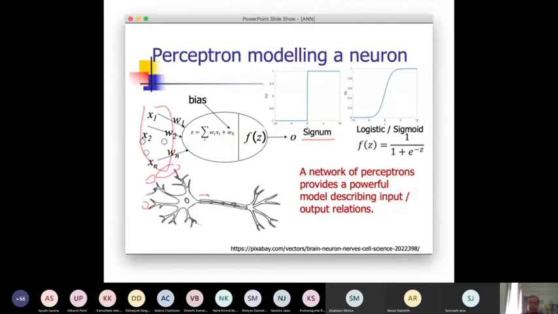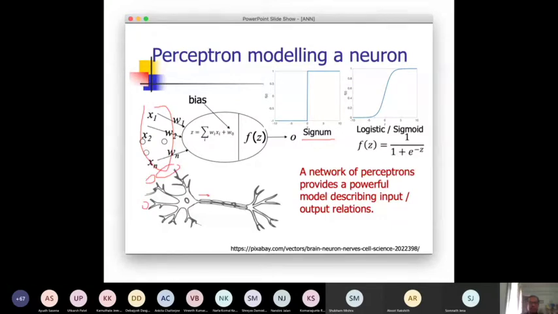As you can see, the nonlinear function of the excitation that the neuron receives is expressed by these typical functions, signum or sigmoid, etc. Whereas this bias term is acting like a threshold in this case.